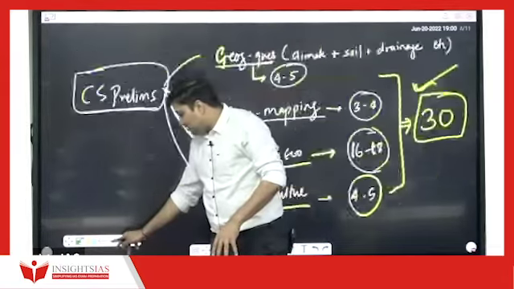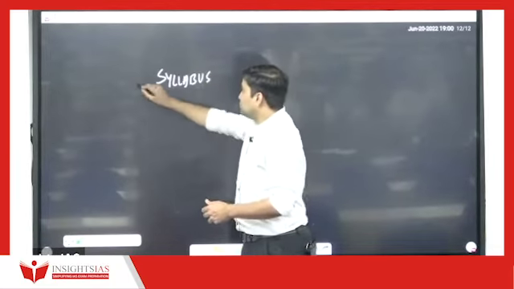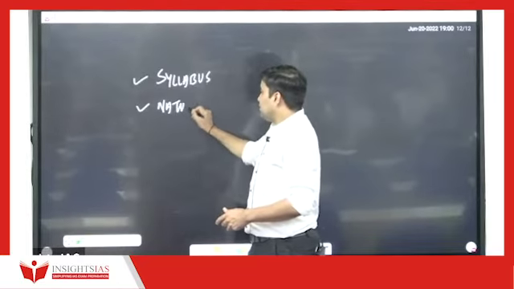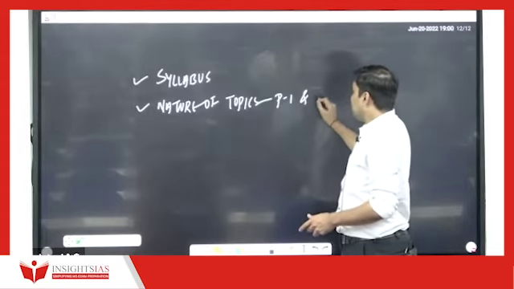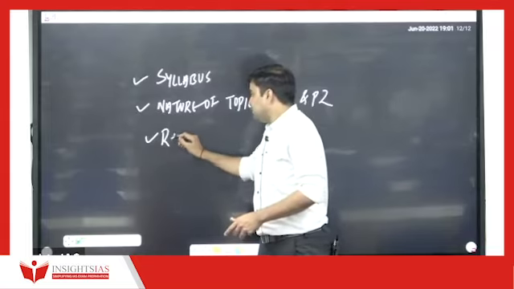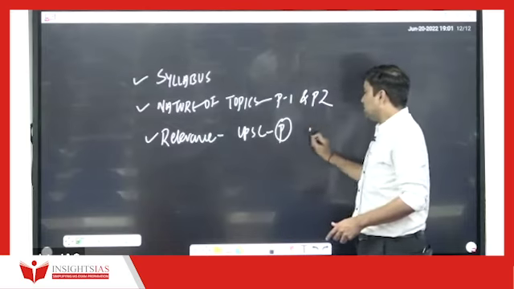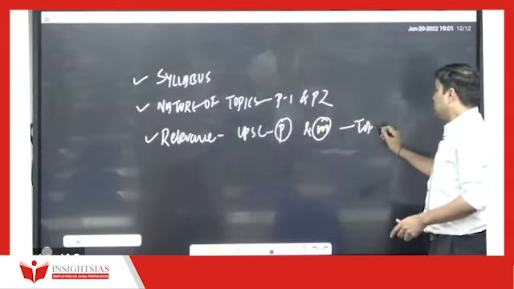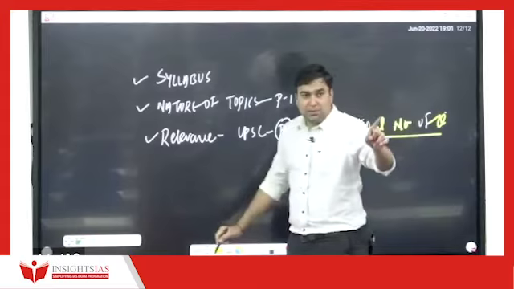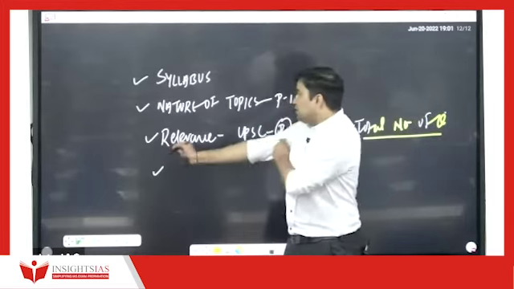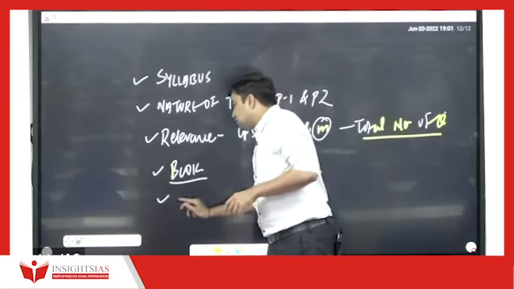So I hope that you understood the main points. That is the following points. First, we saw the syllabus of geography, the nature of the topics in paper 1 and paper 2, its relevance in UPSC prelims and mains examination, total number of questions, etc. These are 3 points that we have seen, right? उसके बाद let us understand basically iska book list and then certain myths.